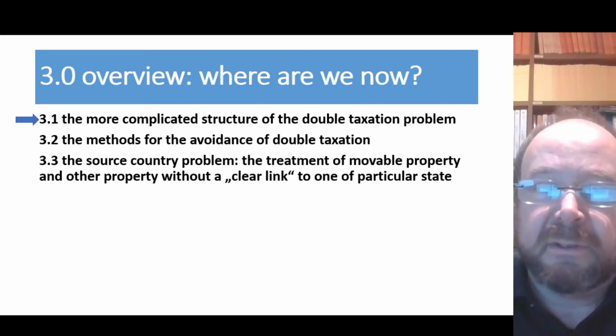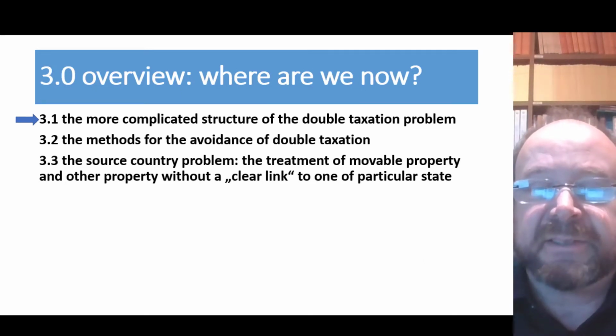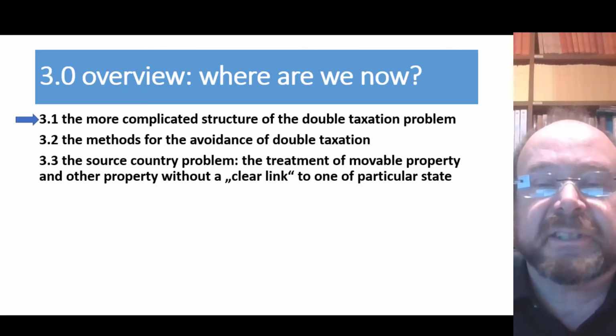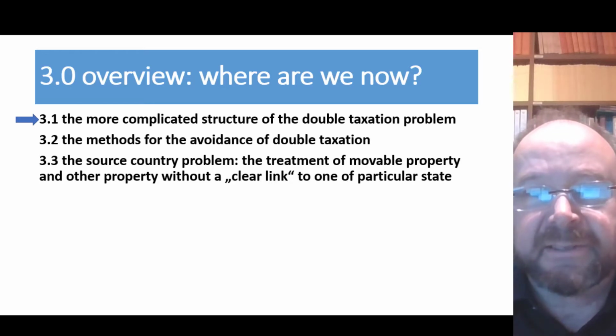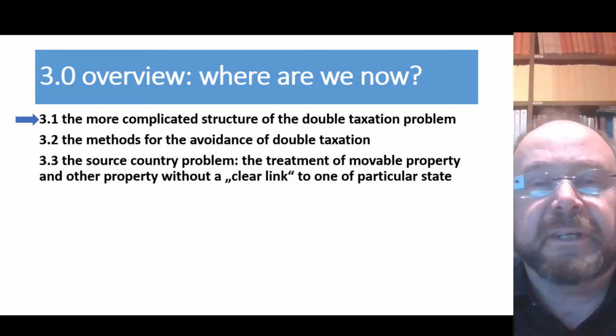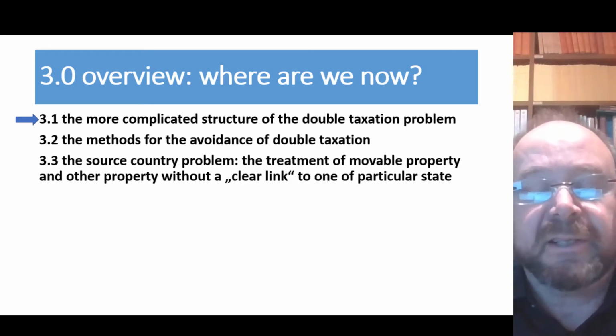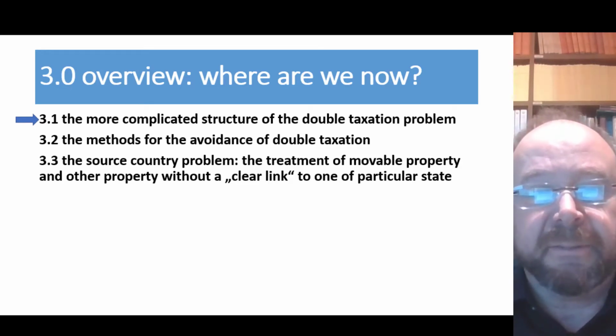So let's begin at the beginning. Why is the structure of the double taxation problem more complex in cases of inheritance tax than in cases of income tax or corporation tax, with which you are, at least I hope, already familiar?